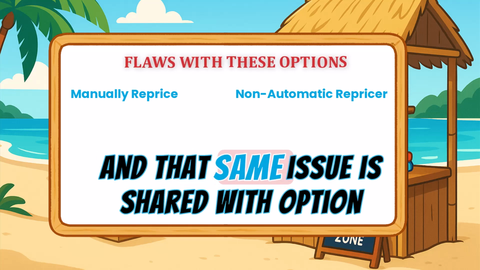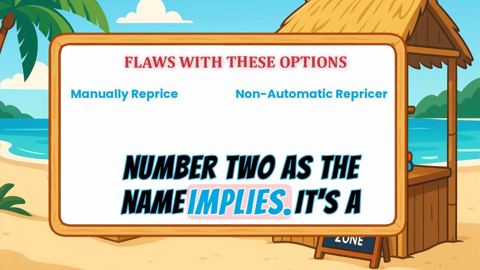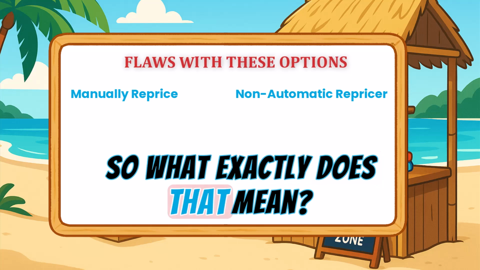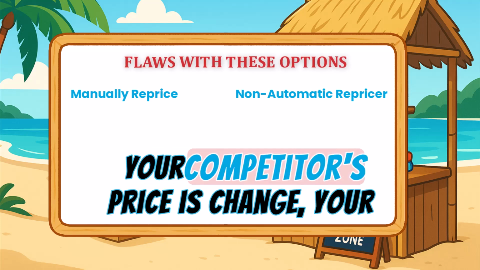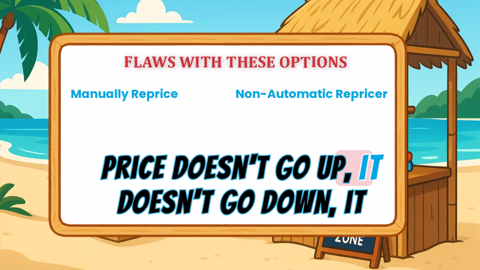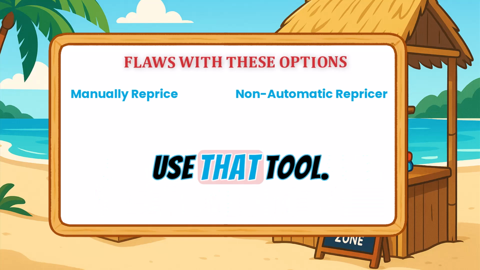And that same issue is shared with option number two, as the name implies. It's a non-automatic repricer. So what exactly does that mean? It means when your competitors' prices change, your price doesn't go up or down, it simply stays the same until the next time you use that tool.